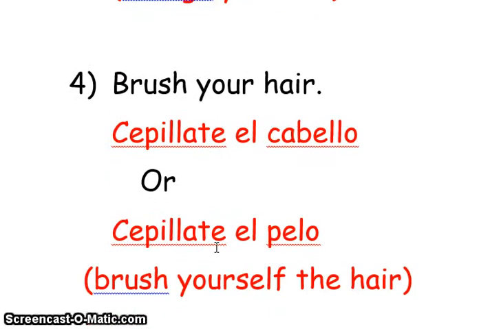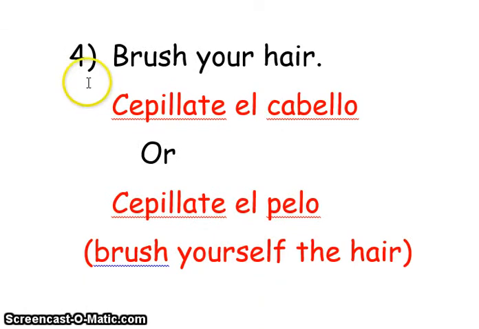Okay, and then the fourth one, brush your hair. We're actually going to say brush yourself the hair. Cepíllate el cabello. You could also say cepíllate el pelo. Cabello and pelo are the same thing, they're hair, but I think it is most correct to say cabello. But don't get confused. When you guys were little, I would tell you don't get confused because it sounds very close to horse, which is caballo, but this is cabello with an E in the middle here.